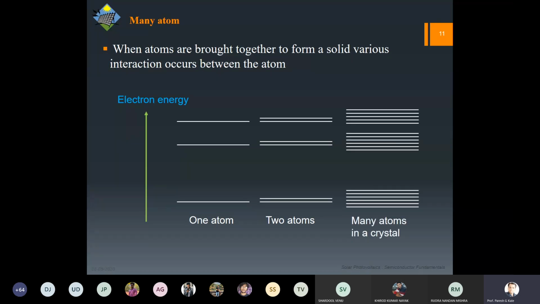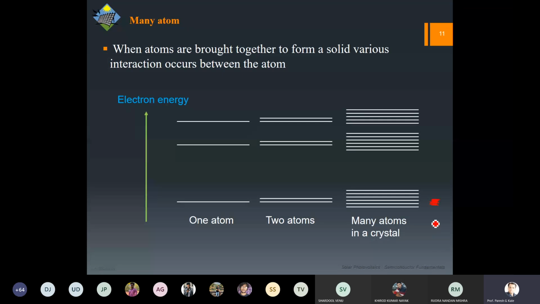So when you have so many atoms in this crystal, of course this is a schematic, you can see that the energy levels are so close that after these infinite atoms, it is very difficult to distinguish between them.